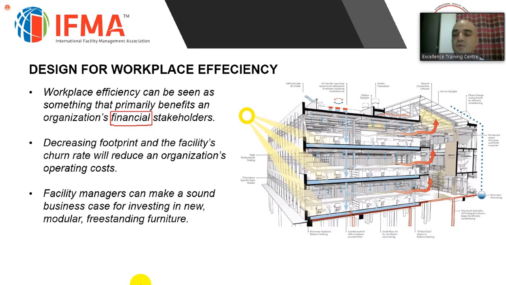Less footprint, less space needed means less rent paid and so on. Less space needed means less water and electricity bills, less cleaning and so on. But efficiency has to be taken hand in hand with effectiveness, not seen on its own.